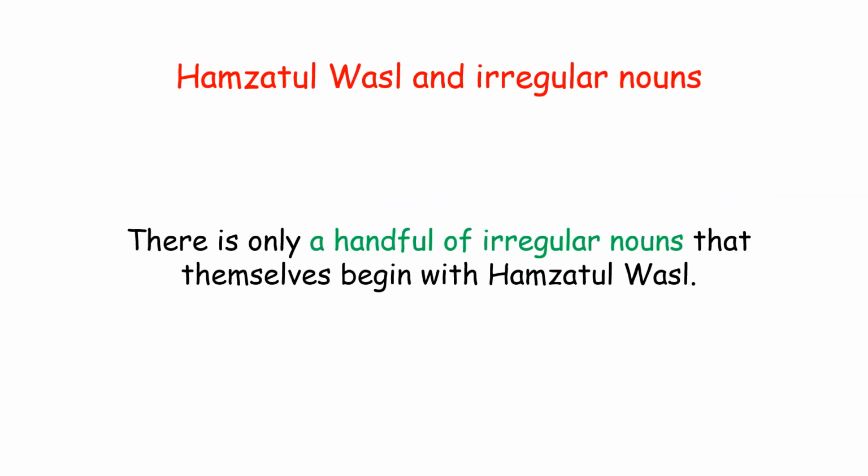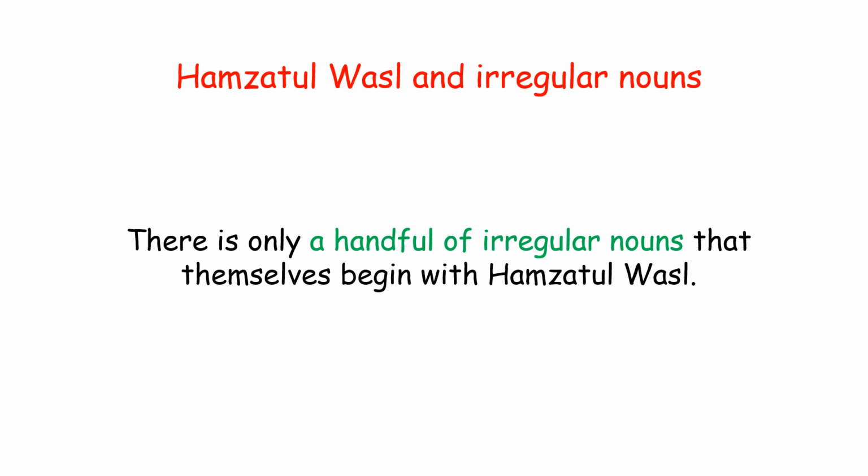Our first section is all about Hamzatul Wasl at the beginning of nouns, and more specifically irregular ones. We are not going to explain what irregular nouns are from a grammatical point because there is an in-depth reasoning behind this denomination. However, the good news is that there is only a handful of irregular nouns that themselves begin with Hamzatul Wasl in the Arabic language.